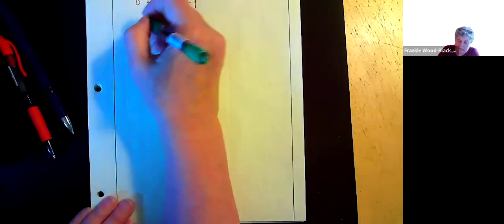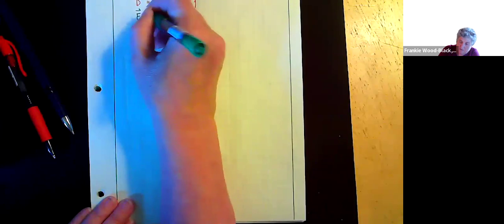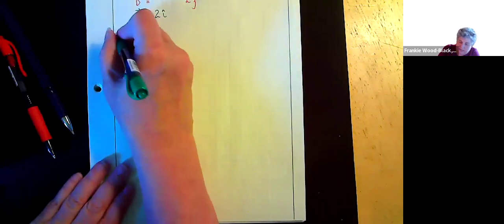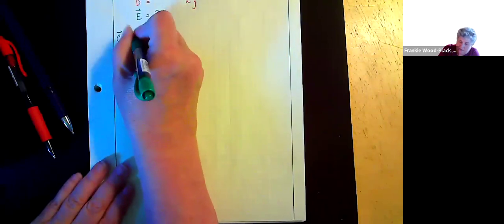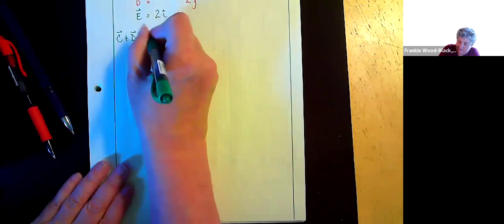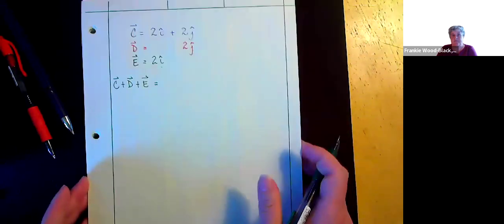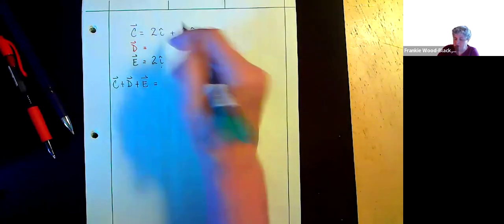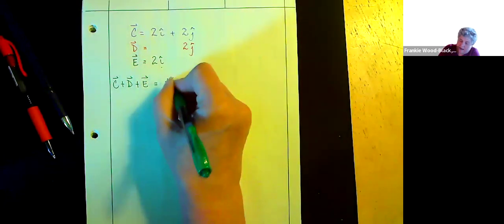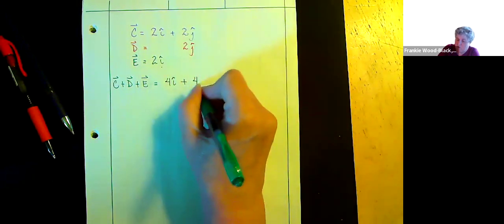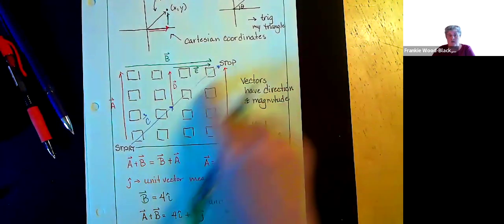And vector E was 2 in the i direction. And I'm going to do C plus D plus E. I'm going to add my x components, so that's 4i. I'm going to add my j components, and that's 4j. And I'm back at this long vector piece.